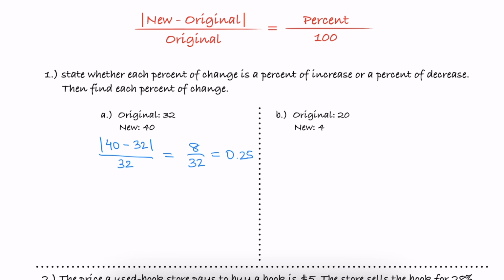And then to get the percentage, we're going to multiply by 100. So 0.25 times 100 is 25. So it's a 25% change, but because the original value is less than the new value, it's a 25% increase.